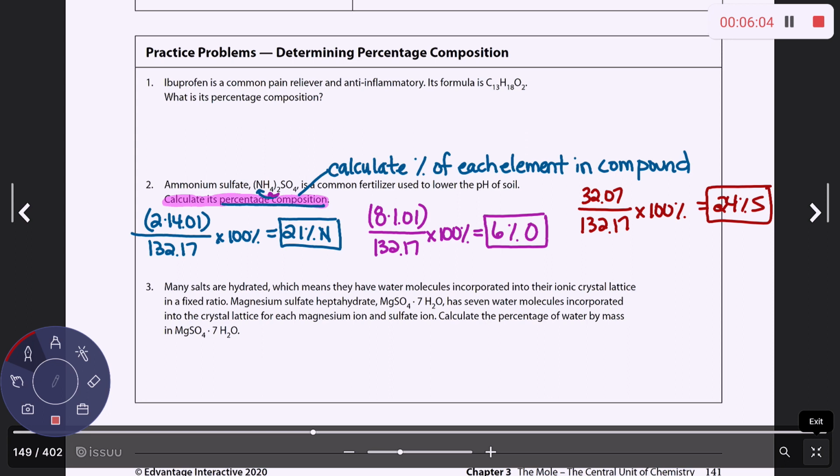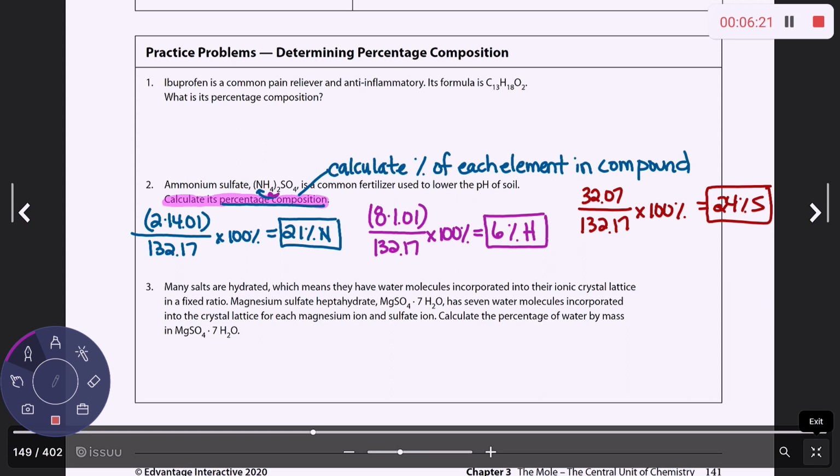So here what you could do is you could either do it the long way and calculate the percent of oxygen, or you could take all of these percentages, subtract them from 100 and get the percent oxygen.